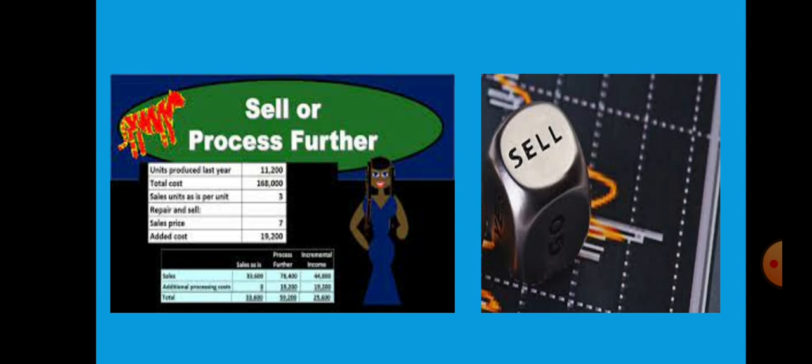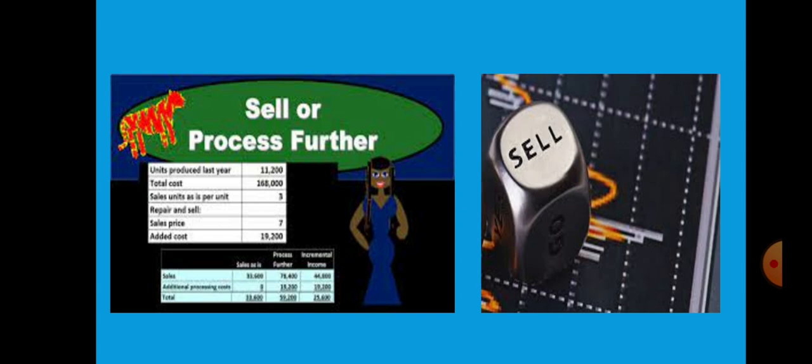The order may be accepted at any price above the marginal cost because the fixed costs have to be incurred even otherwise, if there is no acceptance of the new orders or the bulk orders. Any contribution resulting from the additional sales would mean an additional profit, but due care must be taken to see that accepting an order below the market price does not affect the normal selling price, because it will affect the relationship with other customers buying at a normal price.